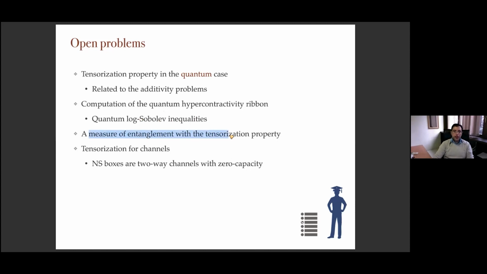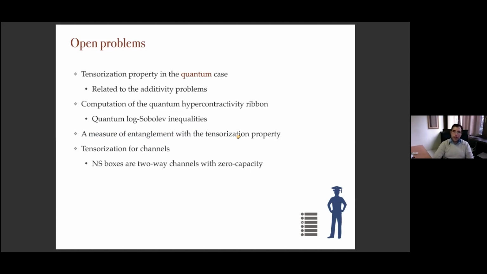I guess a natural question to ask is about a measure of entanglement with the tensorization property. I didn't put a reference here, but at some point I tried to generalize this definition of quantum maximal correlation to make it a measure of entanglement rather than just a measure of correlation. The definition works. It satisfies the tensorization and the monotonicity properties.